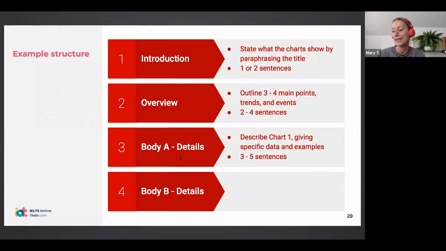So it just makes it easier to organize your ideas. So in body A, you would describe chart 1, giving specific data and examples. And this would be 3 to 5 sentences. Okay, so one of the keywords for this paragraph is describe. So you don't have to interpret the information, you're just really describing what's there. Okay, and then body B.